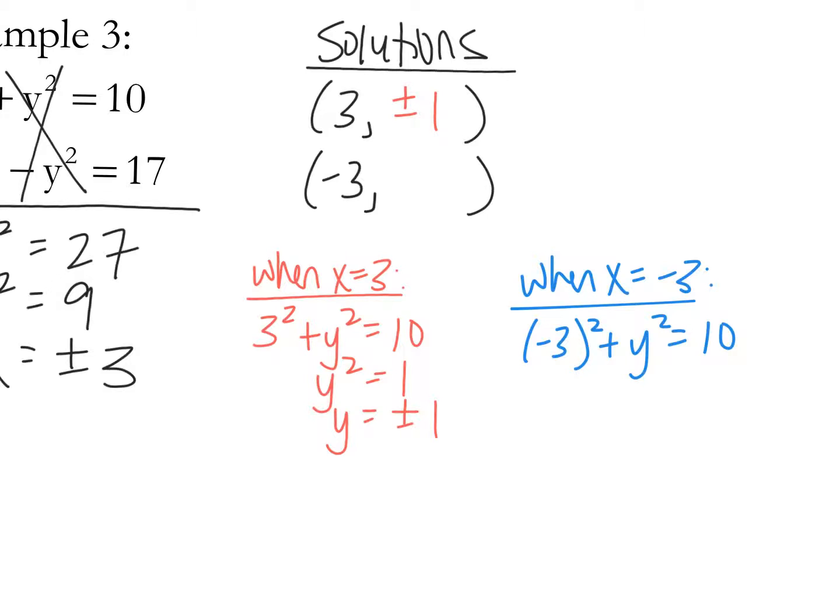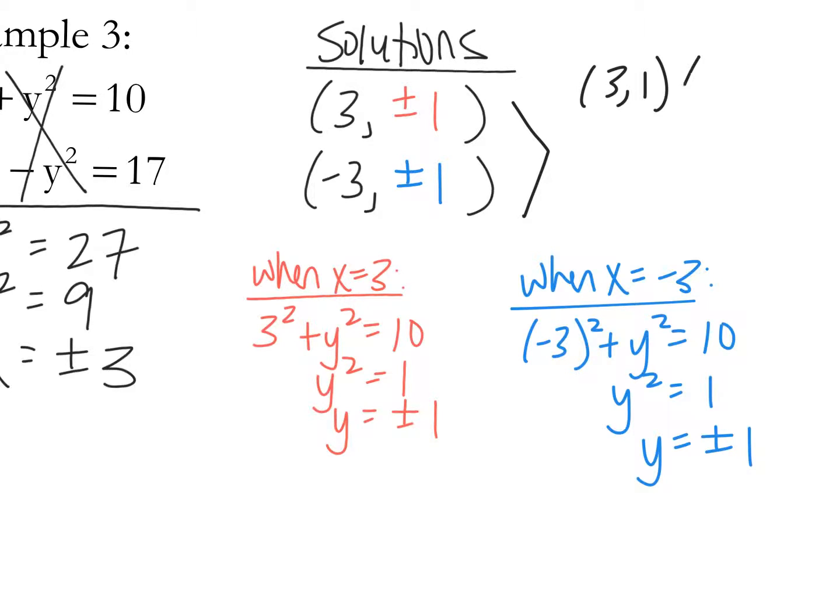Well, that's still 9 plus y squared. So when I plugged in negative 3, I got plus or minus 1. Okay, this is weird. So let me write out the fact that I have 4 solutions here. I have 3 comma 1, 3 comma negative 1, negative 3 comma 1, and negative 3 comma negative 1.